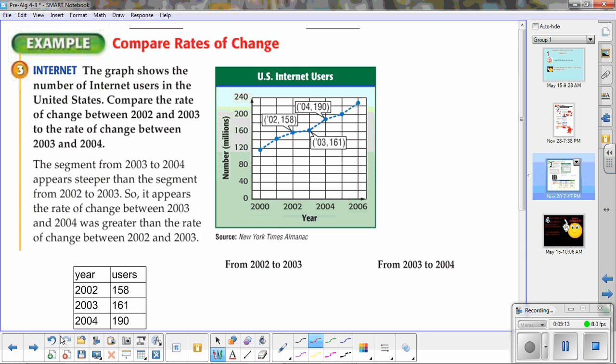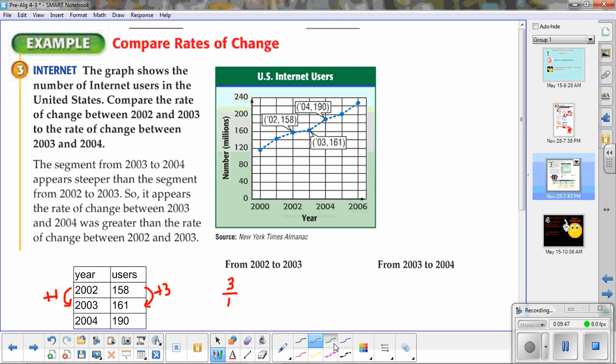So I made a table of values, and now if I want to compare from 2002 to 2003, the number of users went up 3 users, so positive 3, over the course of 1 year. So that rate of change was 3 users per year.